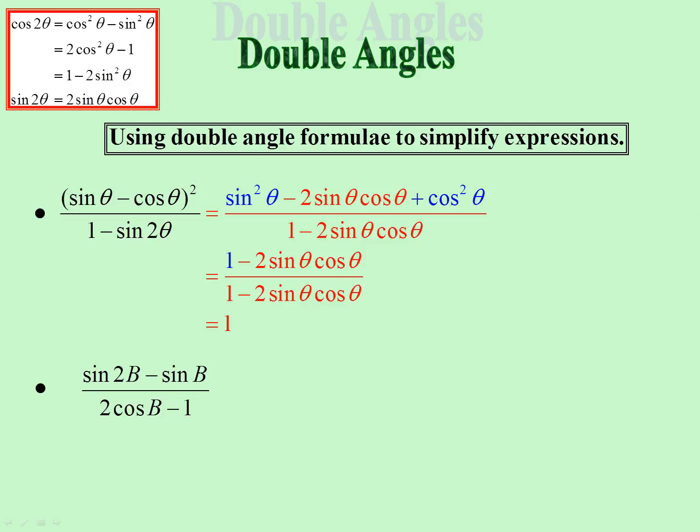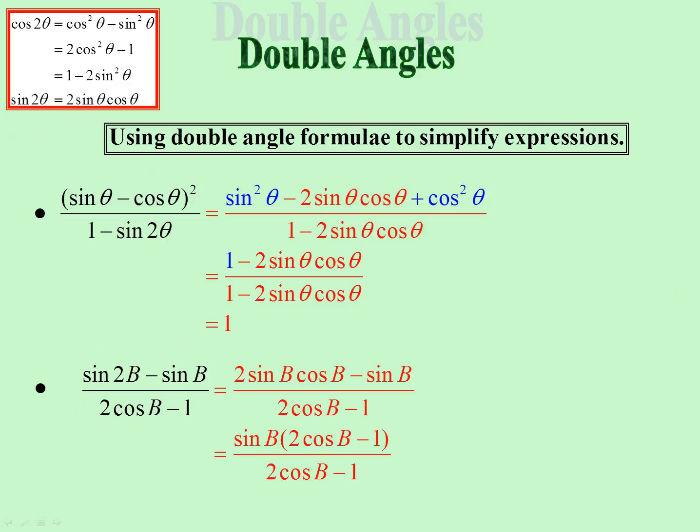Now, this is pretty straightforward. The only thing we can simplify in that whole expression is the double angle, and there is the formula. So we do that. Now it's algebra time. Common factor of sine b we take out, and you notice that we have a 2 cos b minus 1 factor top and bottom. Goodbye.